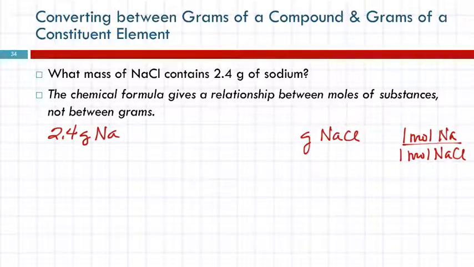So we're going to have moles in the middle. So I can convert grams of sodium to moles of sodium, because the molar mass of sodium is right there on the periodic table. This relationship, coming from the formula, I can go from moles of sodium to moles of sodium chloride.